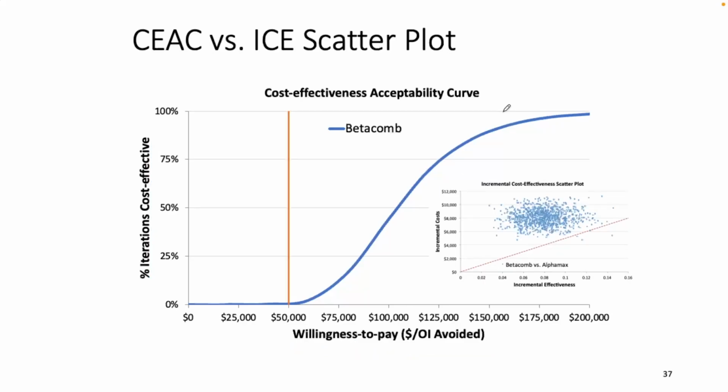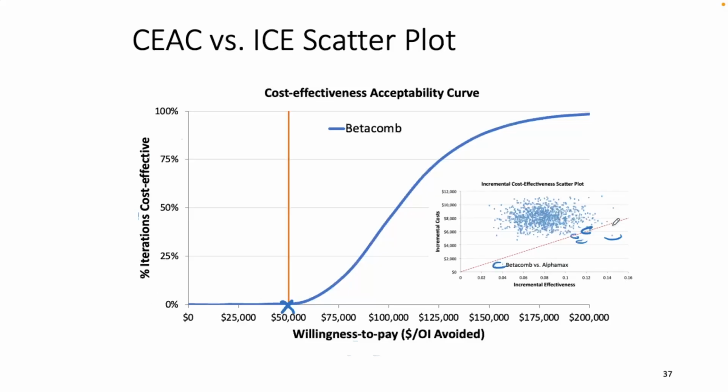So let's look at the graph we just had, and the graph we're trying to draw. Here we have our incremental cost effectiveness plane again, or a scatter plot. We have our willingness to pay line, and at a willingness to pay of $50,000, that's this line, we can add up how many dots fell below that line and say it's basically 0%.